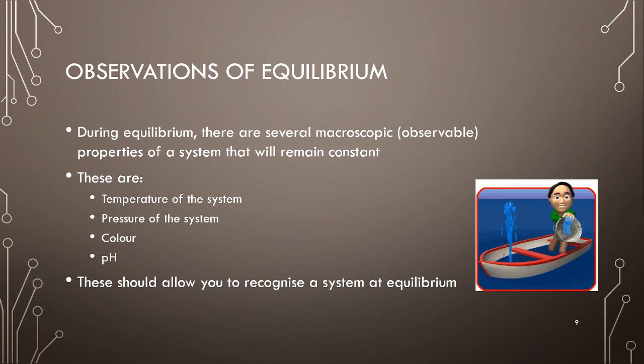Observations of equilibrium. So during equilibrium, there are several macroscopic, which is something that you can observe, properties of a system that will remain constant. So if you're sealing the container, or all the products and everything is in liquid state, temperature of the system would stay the same, pressure of the system would stay the same, color and pH would stay the same once the equilibrium is reached.